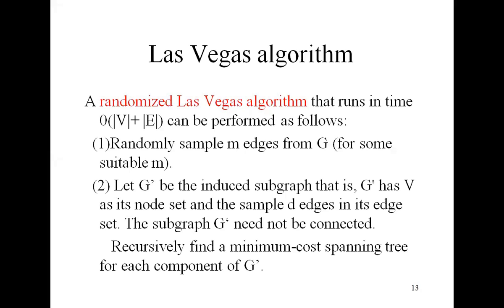So what is this randomized Las Vegas algorithm? First, randomly sample m edges from the given graph for some suitable m. What is the meaning of this?